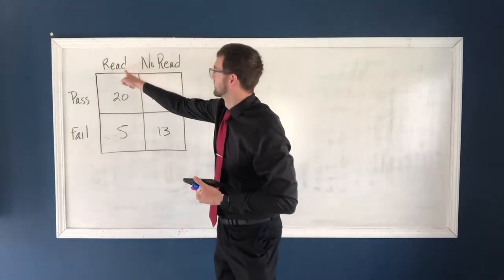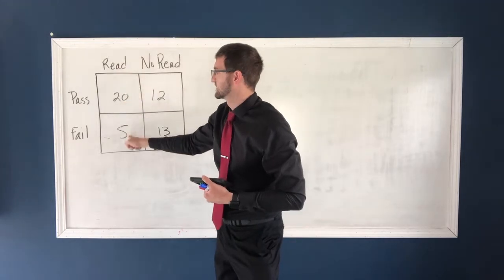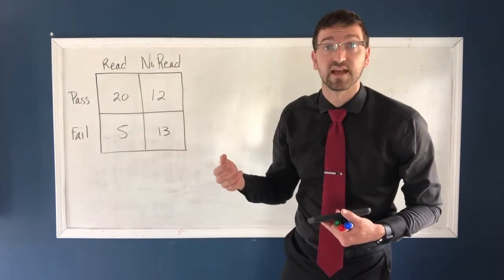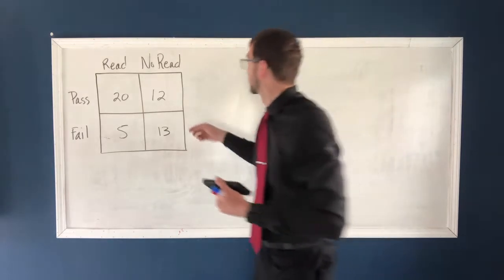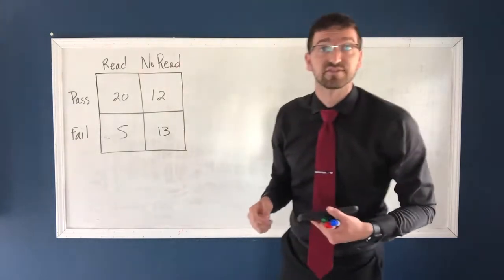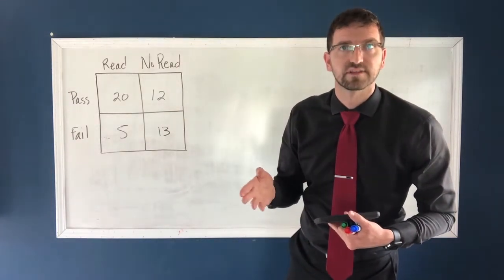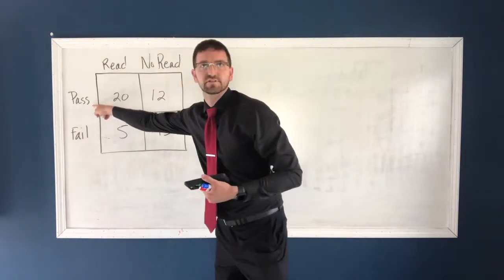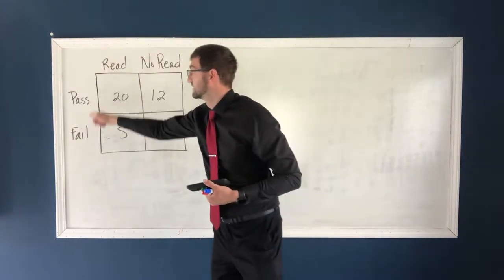Okay, so read, 20 plus 5 is 25. So 25 students were randomly assigned to read the course textbook. 12 plus 13 is 25. 25 students were randomly assigned not to read the course textbook. Okay. And some of those students in each category passed and failed.